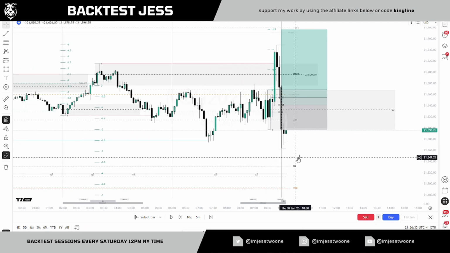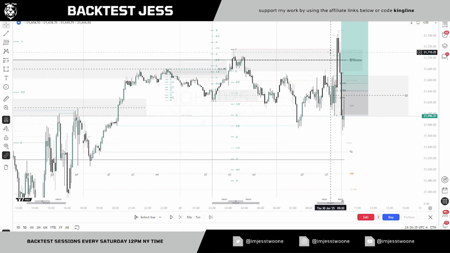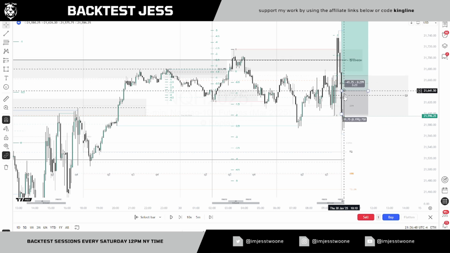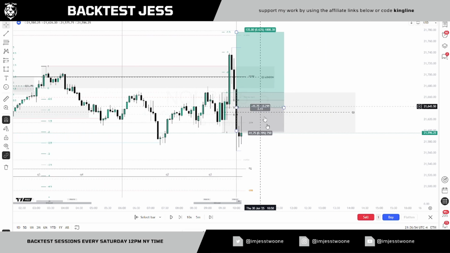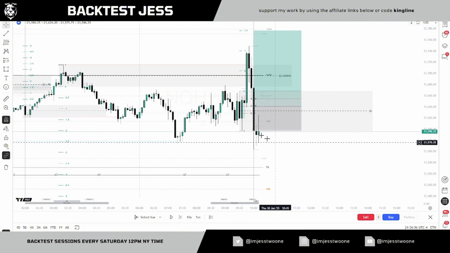Although I can see from here, because once you take this high, or once you take London high, snapping back into the range, I would be more cautious in real life to take this trade. I would wait to see if it actually holds first and goes green before I actually get in. But mechanically for the model, I think this would have been a solid approach.